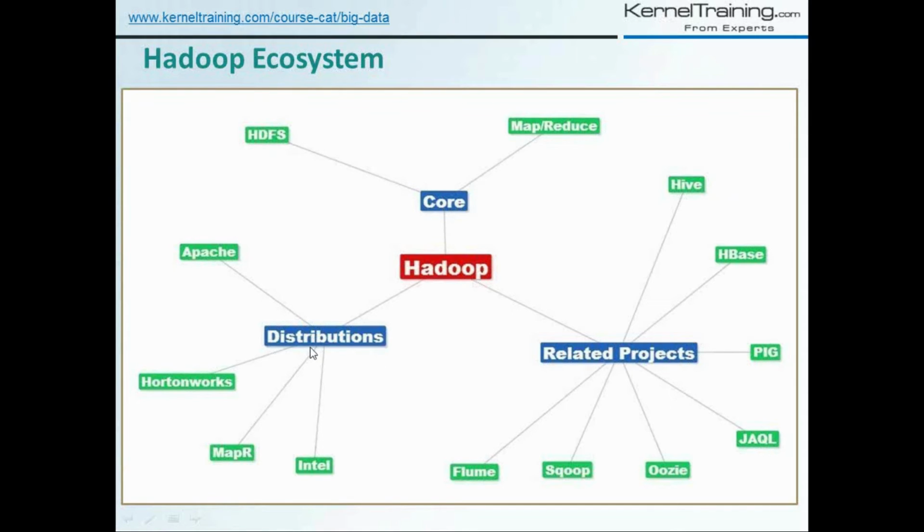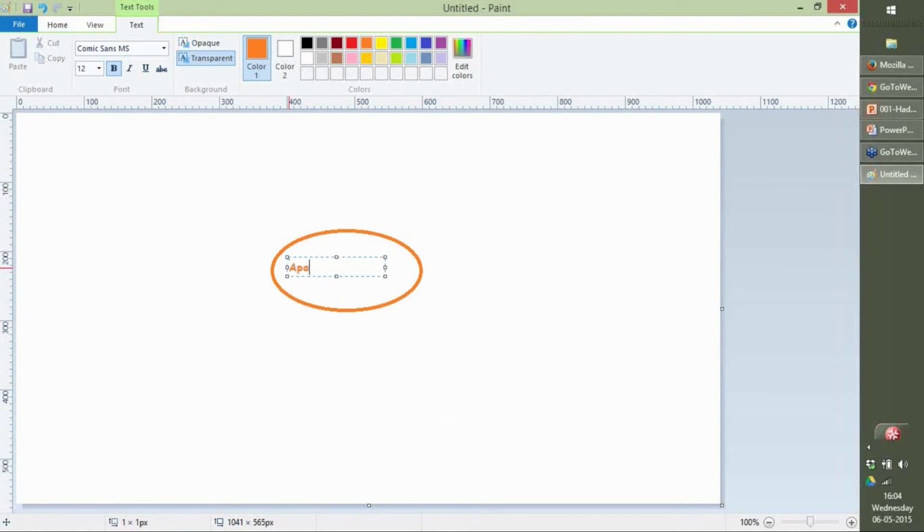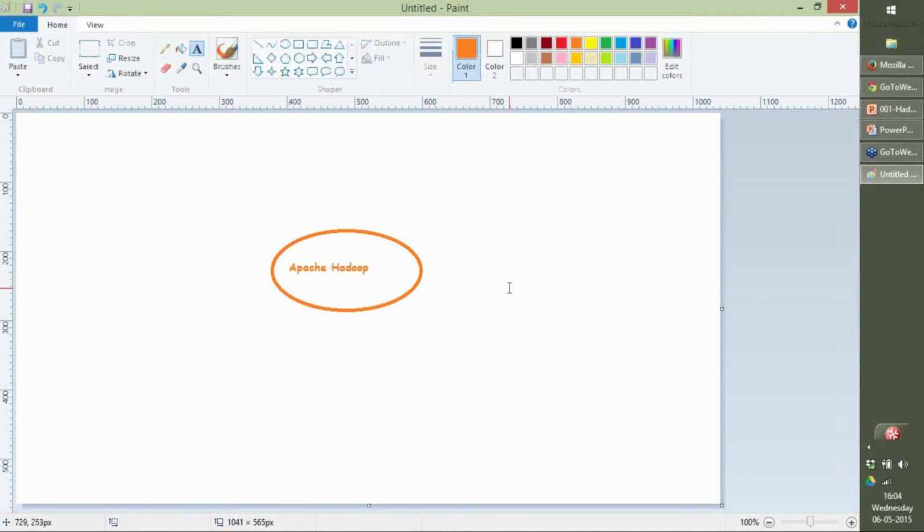Next, you heard about Cloudera, you heard about Hortonworks, various distributions. So what are these distributions? First, let me tell you what Apache Hadoop is. Hadoop is a product from Apache, which is open source. It is freely available. The general assumption is if something is freely available, it may not be very beautiful.